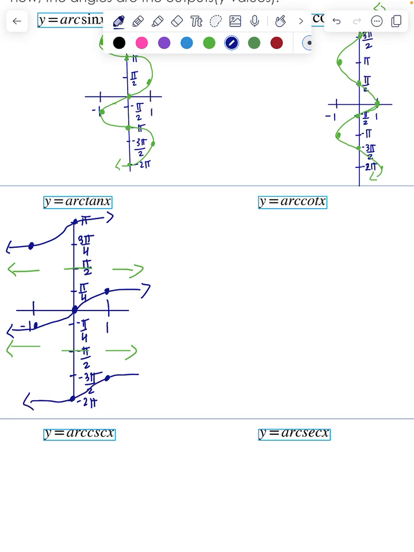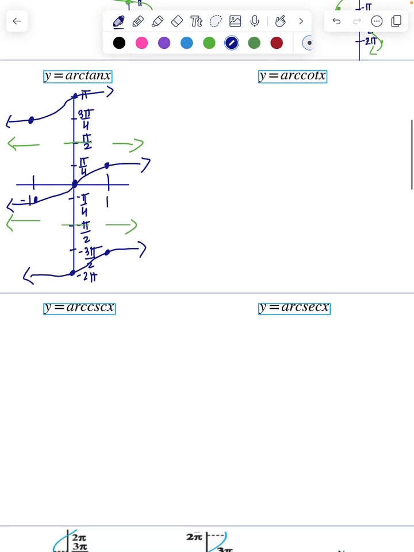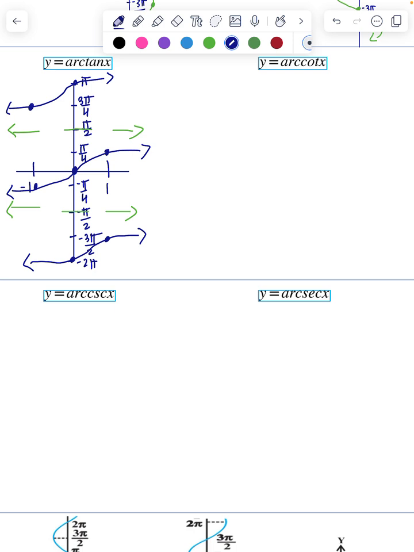Okay, and then let me show you what cosecant looks like. So if you remember cosecant and secant, those are the ones with the parabola looking shapes, the U's. We're back to our quadrantals here.